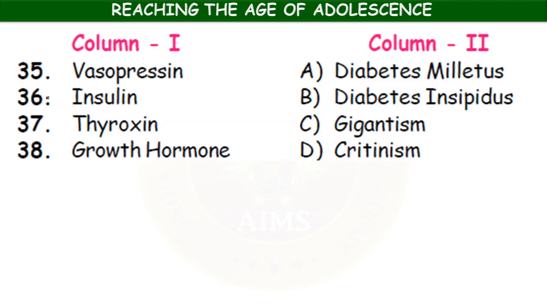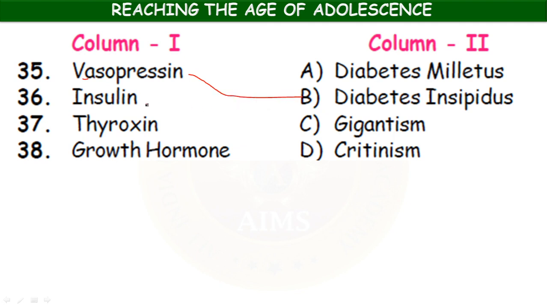Here is a match the following type question. Sometimes codes are given below. Column 1 items: vasopressin, insulin, thyroxine, growth hormone. Column 2 items: diabetes mellitus, diabetes insipidus, gigantism, cretinism. Let us match first. Vasopressin hyposecretion leads to diabetes insipidus.